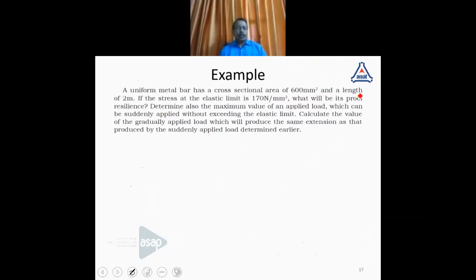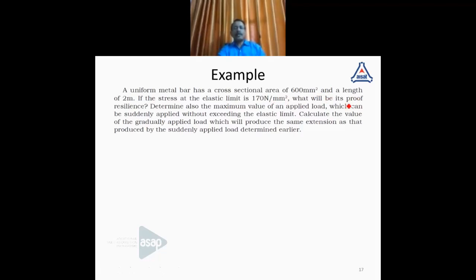The case of a body subjected to normal stress. Here the cross-sectional area is given as 600 millimeters square and a length of 2 meters. If the stress at the elastic limit is 170 Newton per millimeter square, what will be its proof resilience?